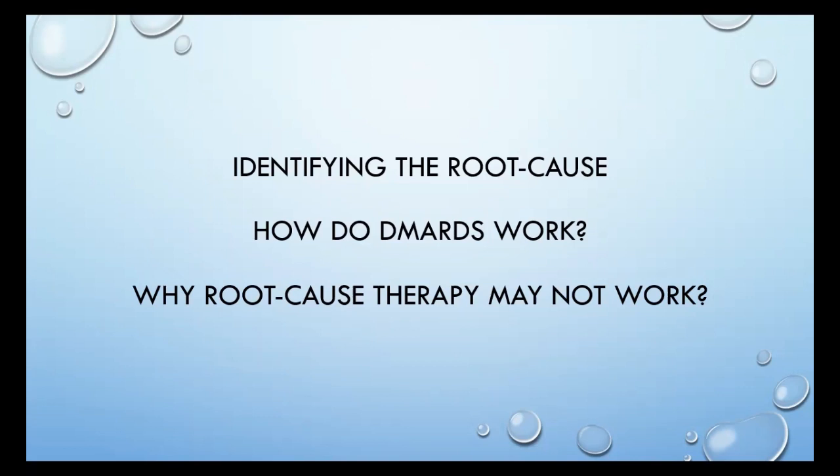Let's come back to how we identify the root cause. If I think about the RA cases that I have seen so far in my practice, they usually present certain aggravating factors, factors which precipitated the first attack of rheumatoid arthritis. Very commonly we see viral and bacterial infections, like somebody who has suffered from dengue or chikungunya or some viral disease like that, which leads to post viral arthralgia and eventually rheumatoid arthritis.